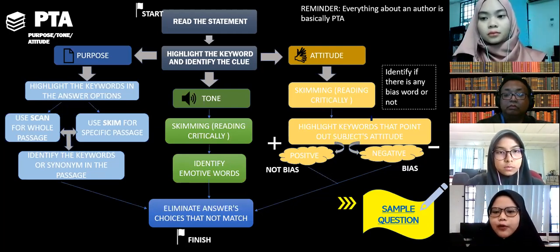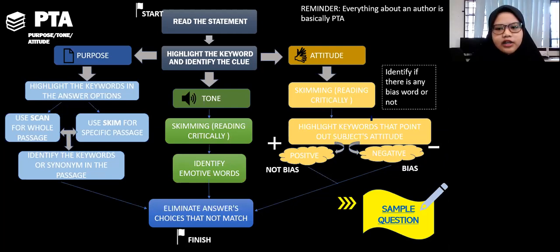So whenever you find keywords that represent a positive attitude, like maybe the passage is telling that the author felt really happy to write that kind of passage, the answer options must be related to something that expresses that attitude also.